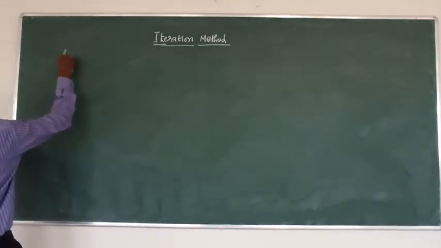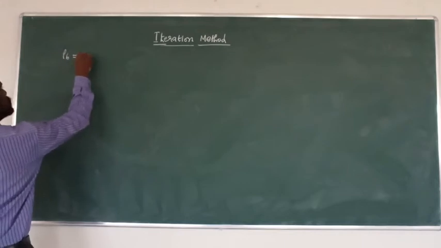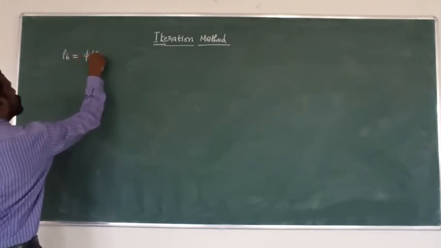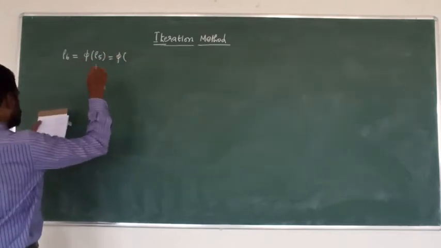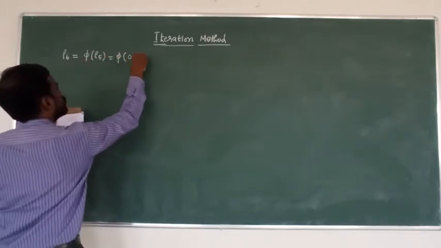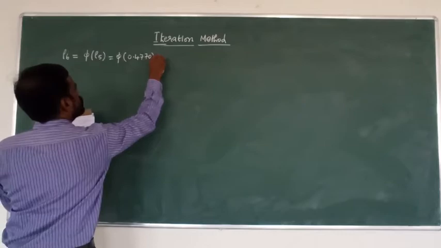Next, rho 6 equal to f of rho 5, equal to f of rho 5 value 0.4770.